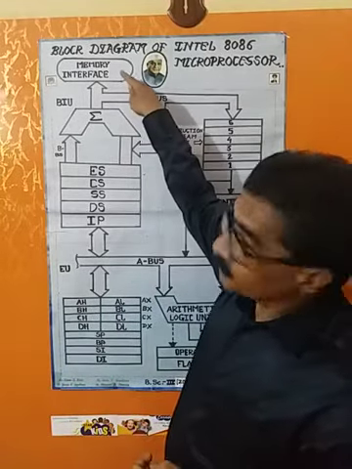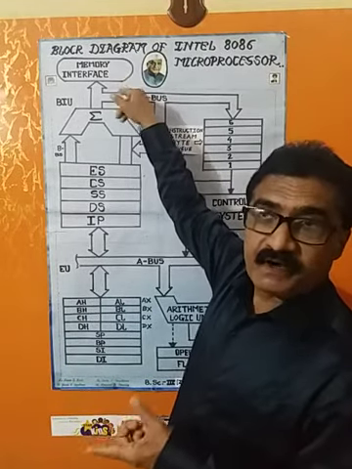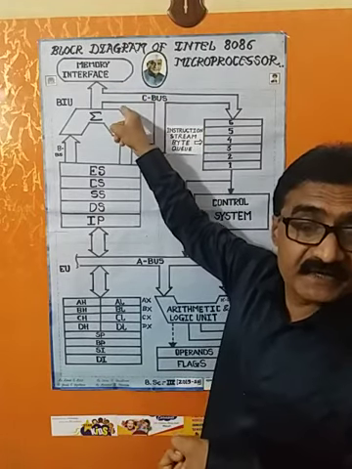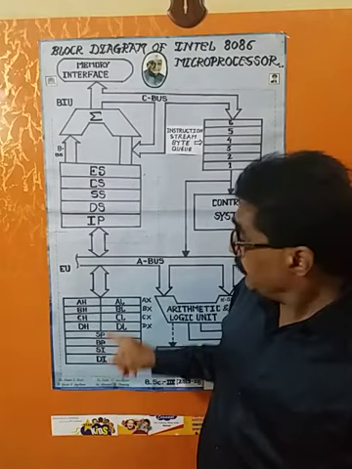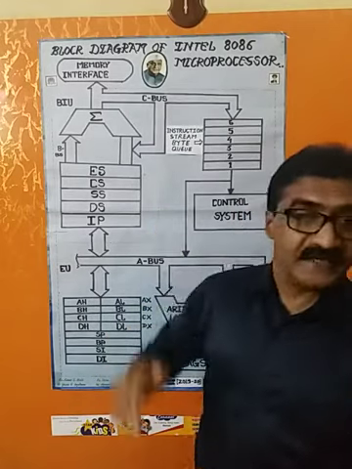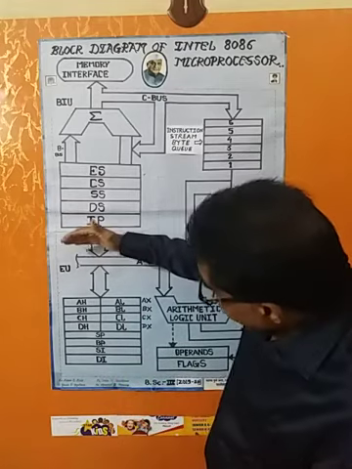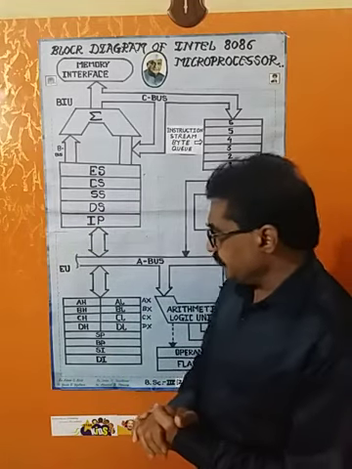It means from which memory or which IO device the data is to be read is told by the EU to the BIU.